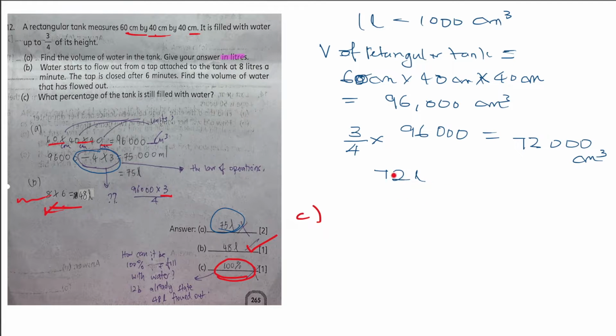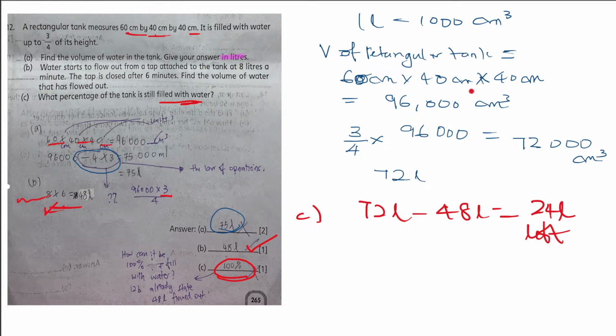Now you know the tank is only 3/4 full. And 3/4 full is 72 liter. And flow out 48 liter. So you only have 24 liter left. With 24 liter left, it is asking what the percentage of the tank filled with water is. Percentage.